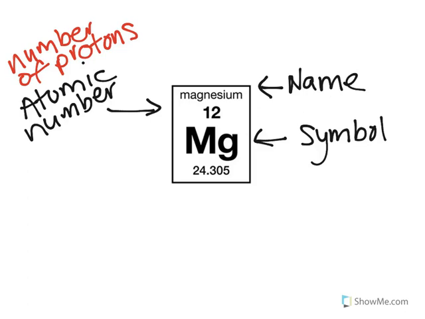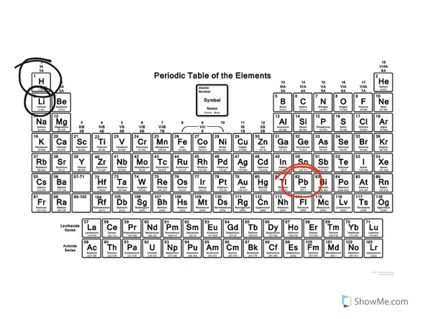Again, if we go back to our periodic table and look at hydrogen, we can see it has an atomic number of 1, and this means that it only has one proton. Helium has an atomic number of 2, meaning it has 2 protons.